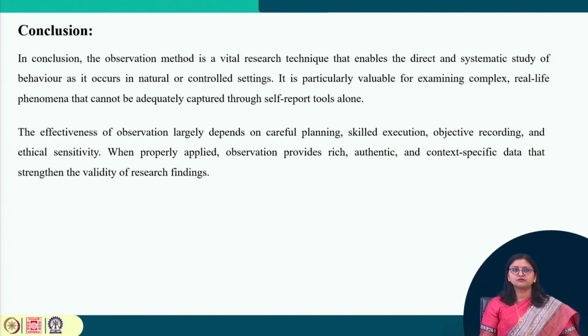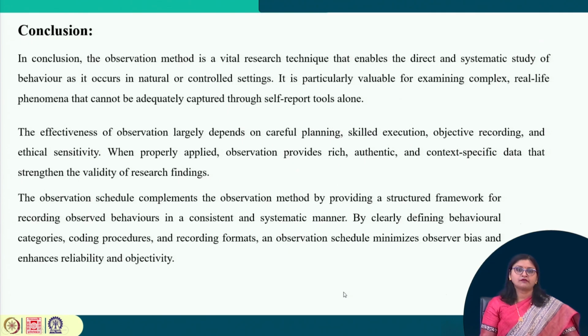The effectiveness of observation largely depends on careful planning and skilled execution, objective recording and ethical sensitivity, like going for the observation with due permission. When properly applied, observation provides rich, authentic and context-specific data that strengthens the validity of research findings.